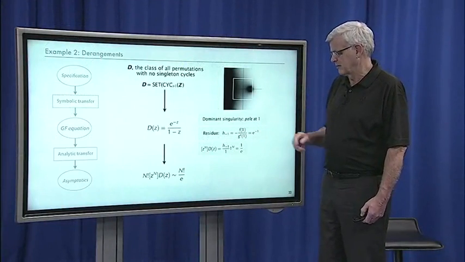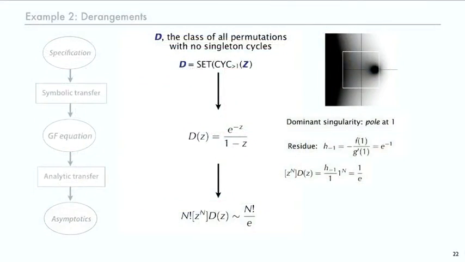So our asymptotic result is that the coefficient of z to the n, which is n factorial times the coefficient of z to the n in that generating function, is asymptotic to n factorial over e. And that comes immediately from the meromorphic transfer theorem.